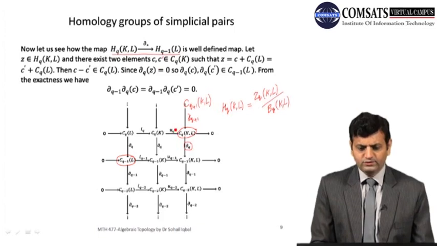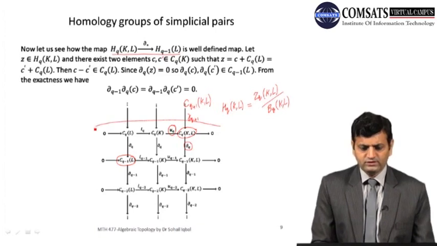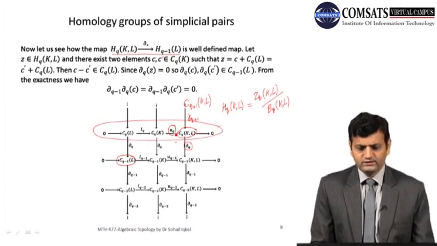Because this map U_q is surjective. Since this is a short exact sequence and U_q is surjective, corresponding to every element of C_q(K,L) there must exist an element of C_q(K). In this case we are taking two elements just to show the well-definedness of this ∂ star.